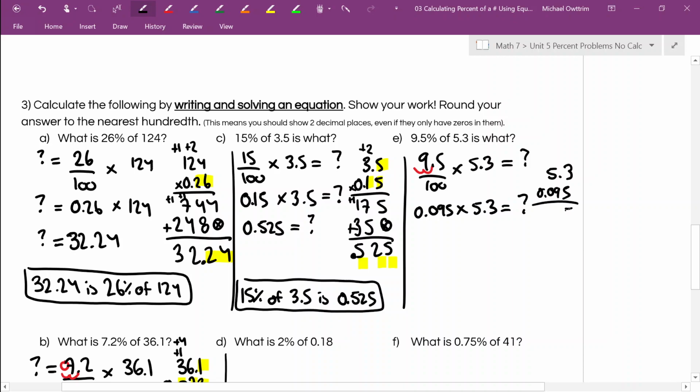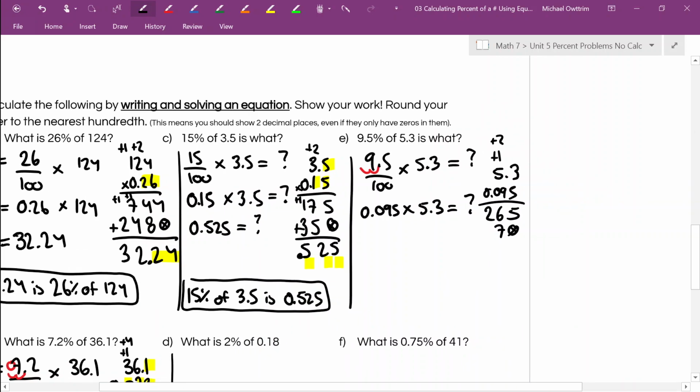5 times 3 is 15. 5 times 5 is 25, plus 1 is 26. 9 times 3, 27. 9 times 5, 45, plus 2 is 47. 5, 13, 10, 5.